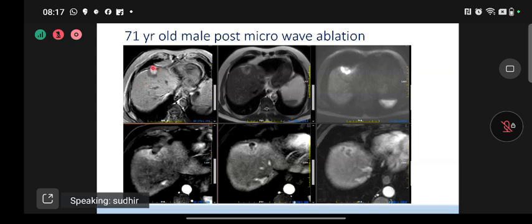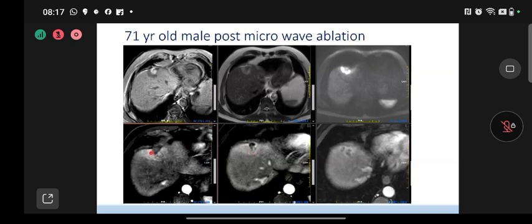Then we have this again post-treated case. You can see that there is a presence of hemorrhage here, and there is some focus of hyperintensity and a focus of diffusion restriction. On contrast images, you can see that a part of the observation is not enhancing, but a part of the lesion has started enhancing.